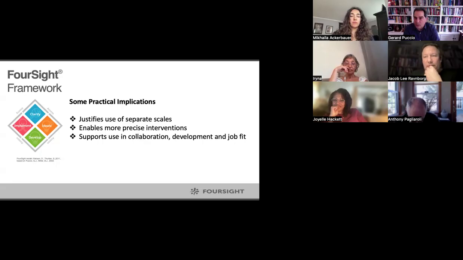Jacob, you were asking earlier about complex problems in humans and how they enter into complex problem solving together. So this adds further evidence to what makes it so complex: humans have these four areas that they need to master and preferences within these four areas, which don't always match up with each other, which makes collaboration more difficult. Now, the last piece in this slide in that particular bullet point, job fit, is the next research study that I'm going to get into.